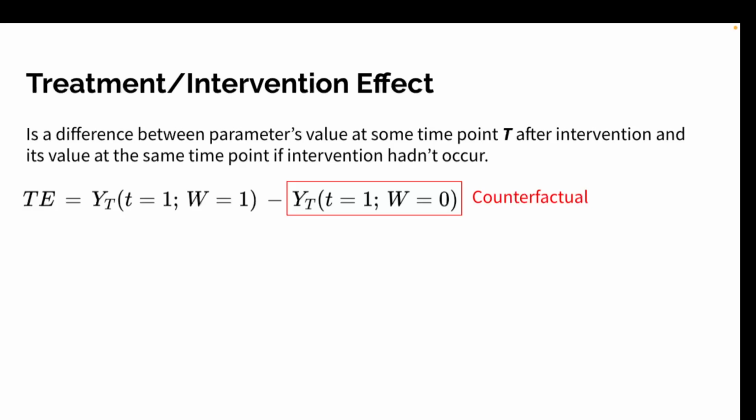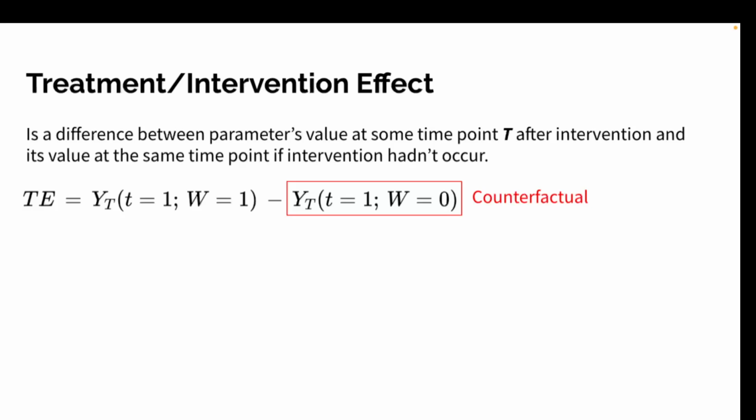Okay, so let's get back to this equation, right? In the first term, y again is the variable of interest that I'm measuring. It could be sales, for example. Capital T stands for the treatment group, which means that I'm measuring variable y for the treatment group and not for the control. Small t is just time, and for the sake of simplicity, imagine it's binary.